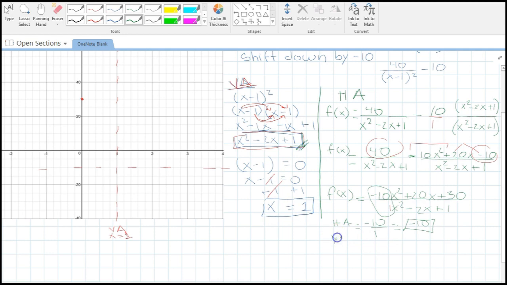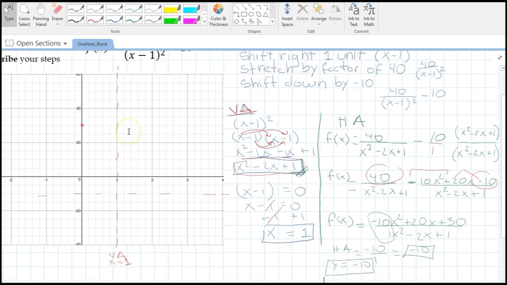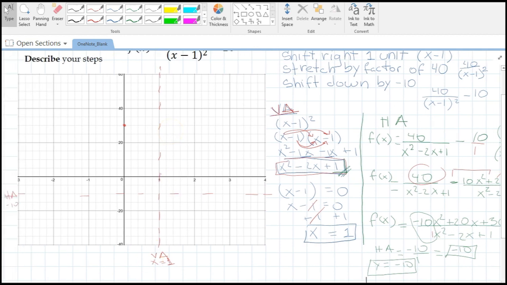So our horizontal asymptote is y equals negative 10. And we're going to sketch that right here. We have the horizontal asymptote at negative 10.